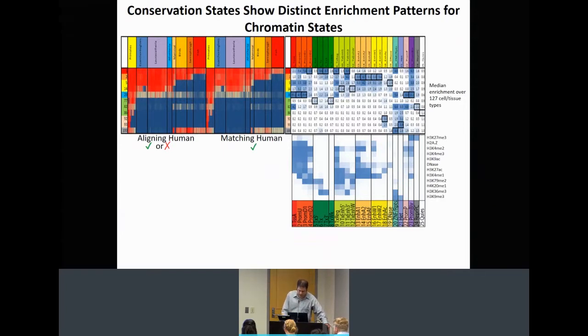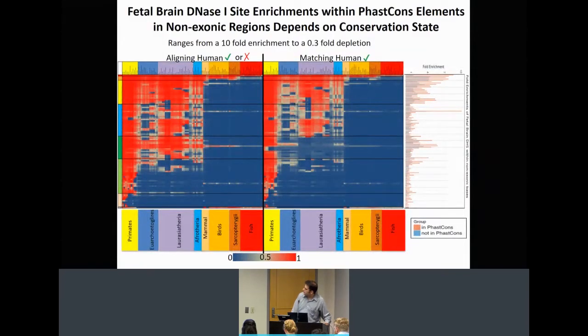This is again sort of making the point that the information in this multi-species alignment is very multi-dimensional. It's not necessarily, if you're losing information, just think about it in a single variable. And then this is another analysis showing there's additional information in these annotations relative to constrained elements.